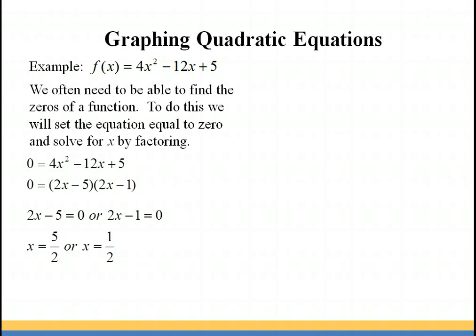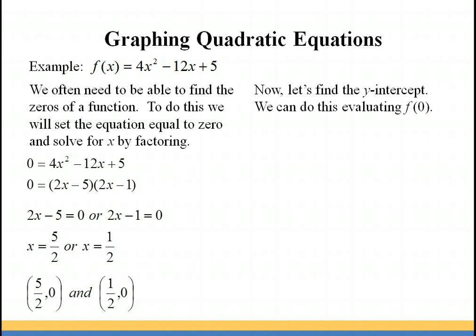So x is going to be 5/2 or 1/2, which means that we have zeros, or x-intercepts, at (5/2, 0) and (1/2, 0). We often also need to figure out where our y-intercept is, and we can do this by evaluating the function at 0. So plugging 0 in for x, we get out 5. That means that our y-intercept is at (0, 5).